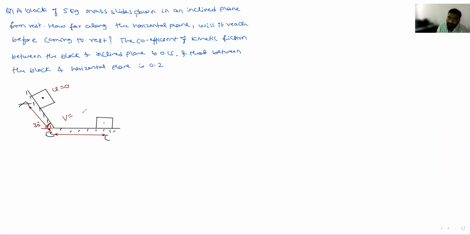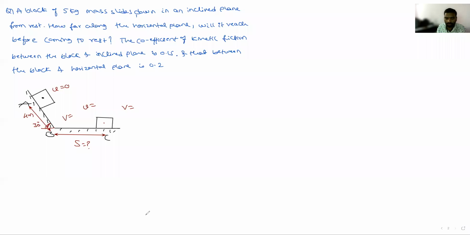That will be the initial velocity for the horizontal plane. Then again you find the final velocity, which is 0, but the distance is what is being asked. This inclined distance is given as 4 meters, and the angle 30 degrees is also given.